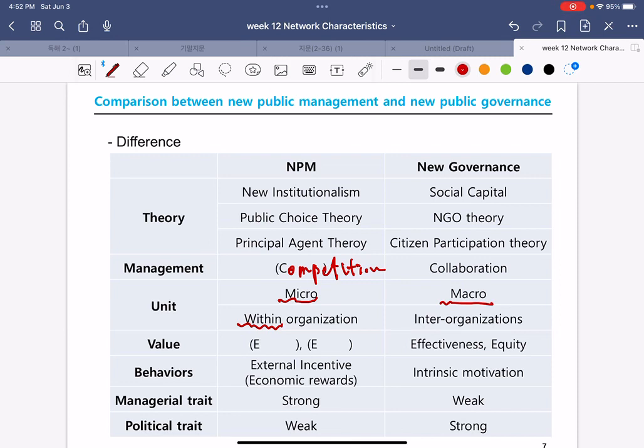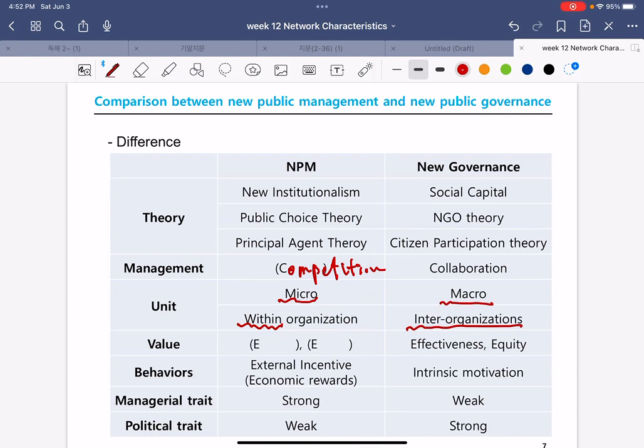Outside the government, there are different actors: private companies, citizens, media, and non-government organizations. They are located outside government. Therefore, the cooperation happens outside government, and inter-governmental cooperation is very important beyond the boundary of government.